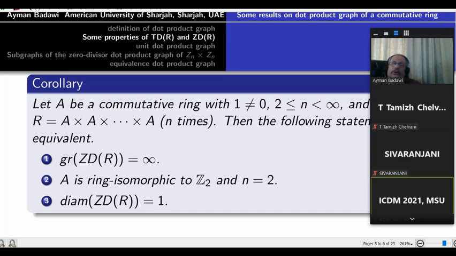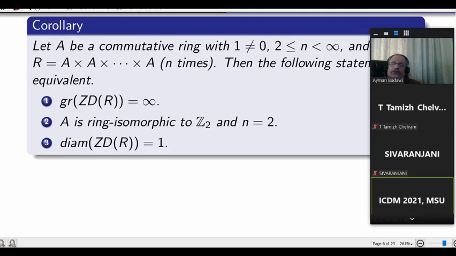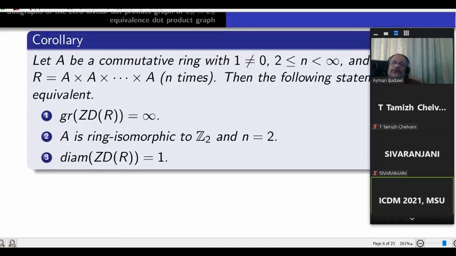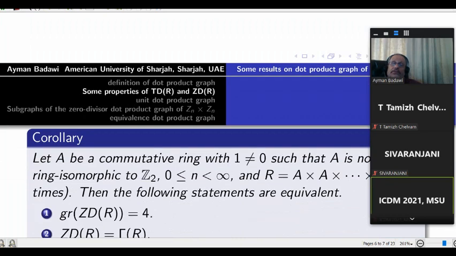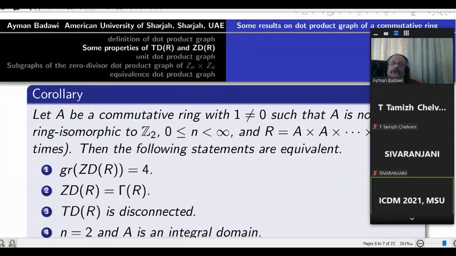So if you tell me the girth of the zero dot product of R equals infinity, then I know that A has to be Z2, I know n has to be 2, and I know the diameter is 1. So this is a complete characterization for when the girth may be equal to infinity.